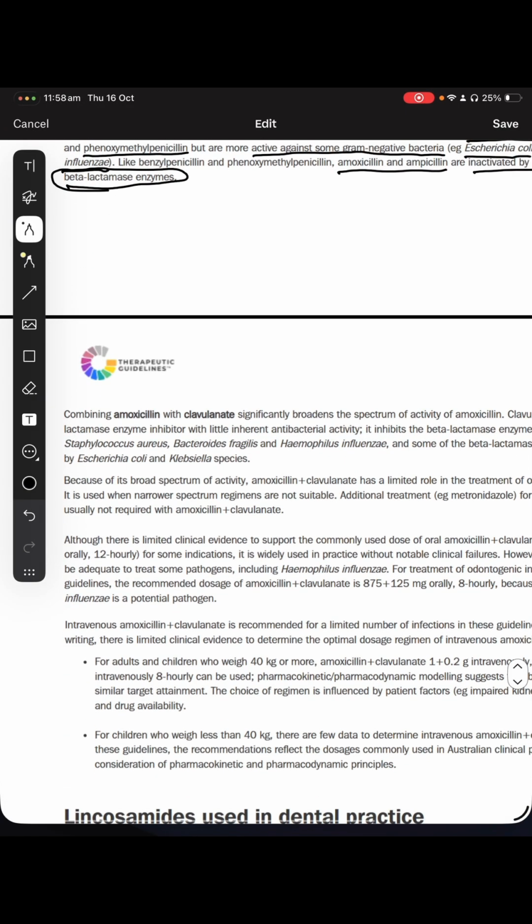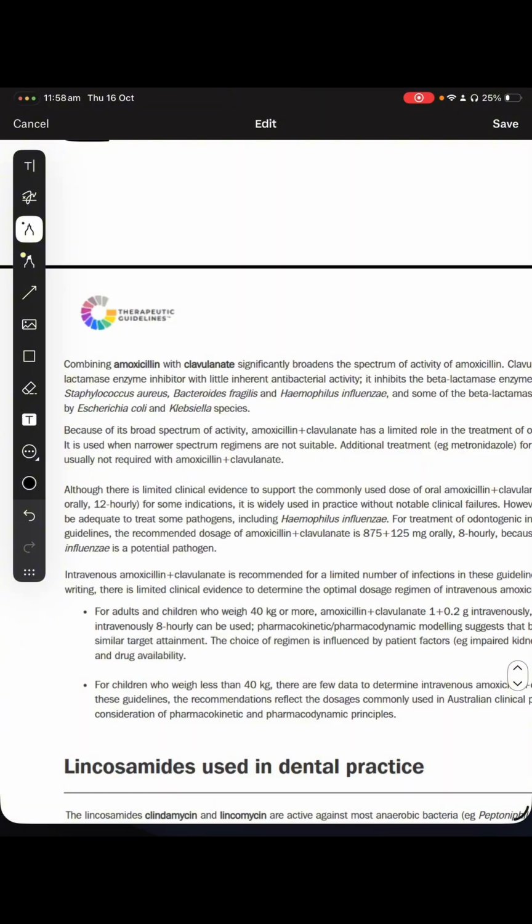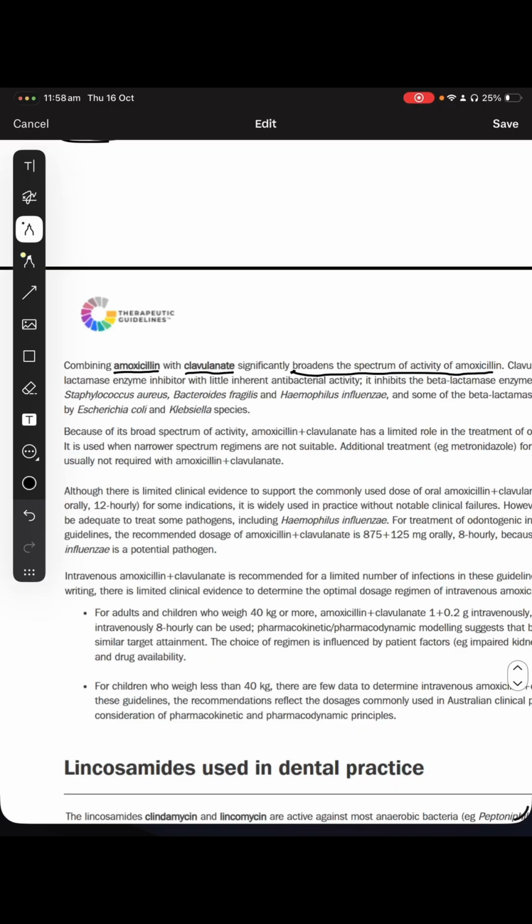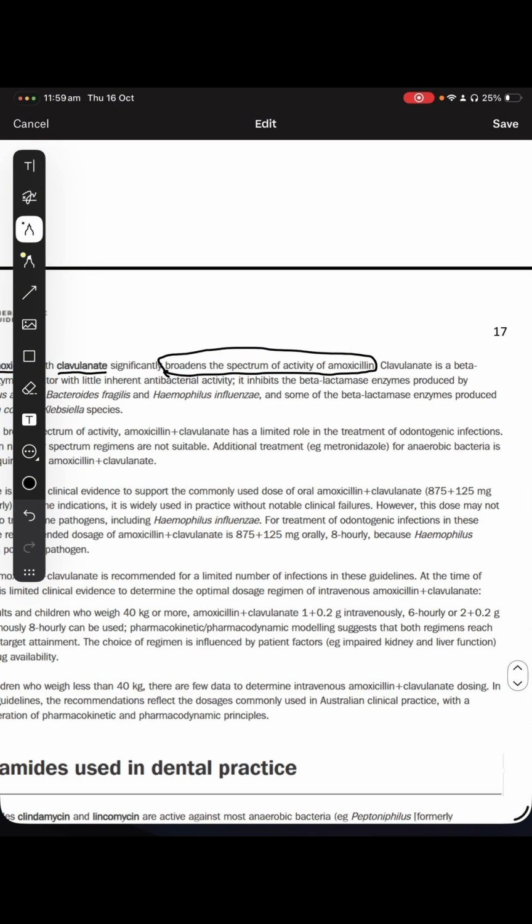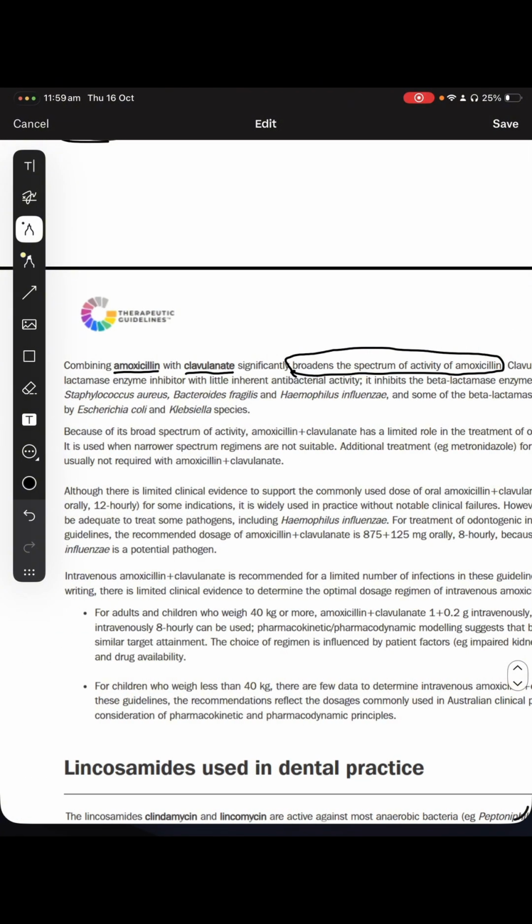Okay. Now, combining amoxicillin and clavulanate significantly broadens the spectrum of activity of amoxicillin. So if you combine the amoxicillin with clavulanate, it will broaden the spectrum. Clavulanate is a beta lactamase enzyme inhibitor with little inherent antibacterial activity.